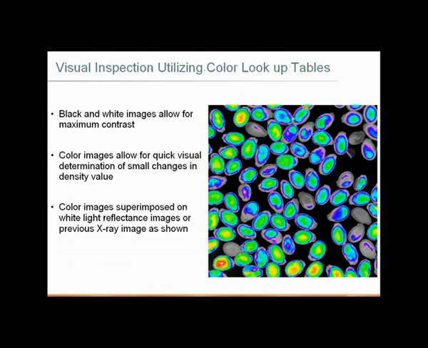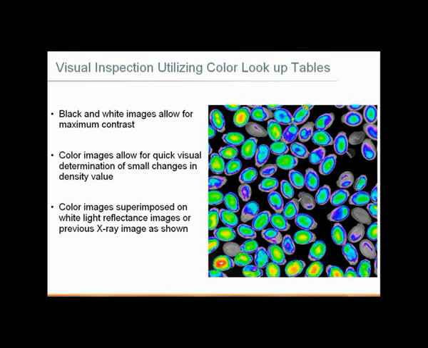However, when you have a color image, it's oftentimes easier for people to quickly see differences in density, especially over a narrow range. So in this case, you can directly overlay on the same image a color lookup table over the X-ray, or a reflectance image if you'd like, to look at the X-ray density versus the total number of seeds. And then you could count these by hand.